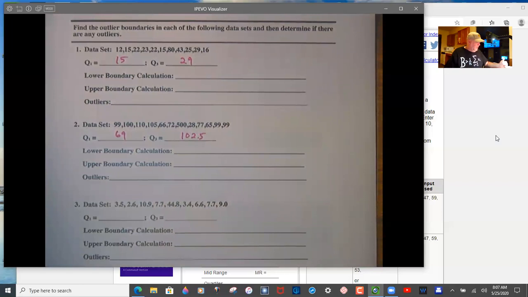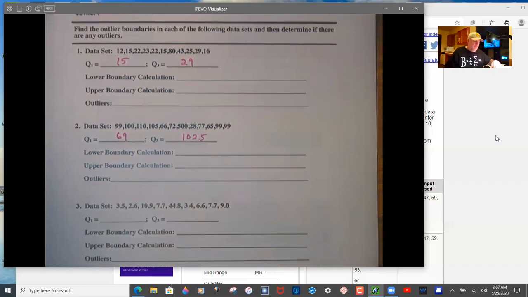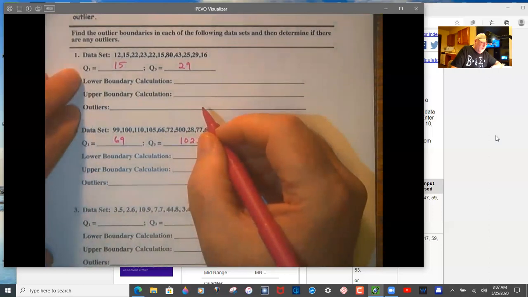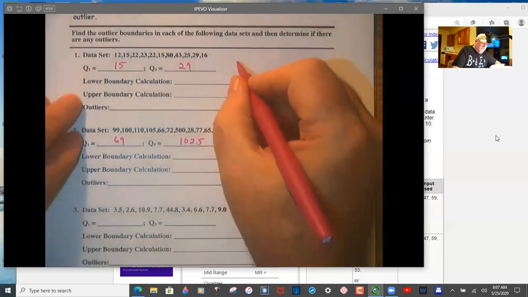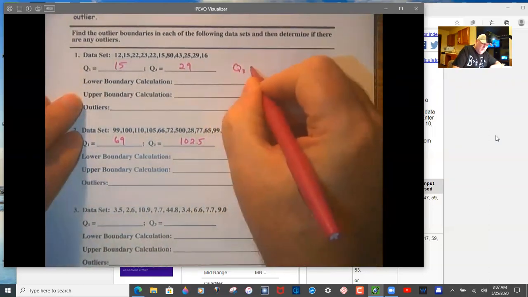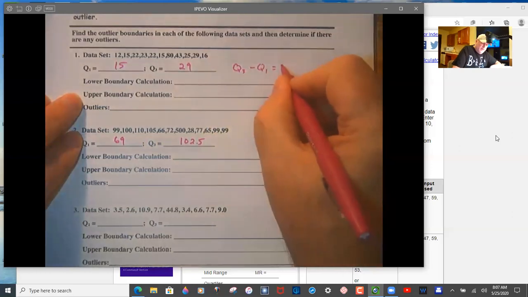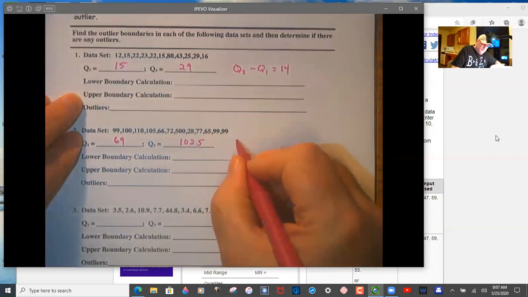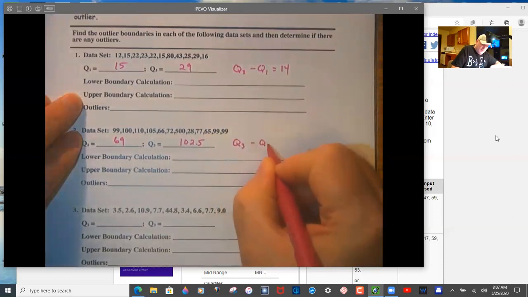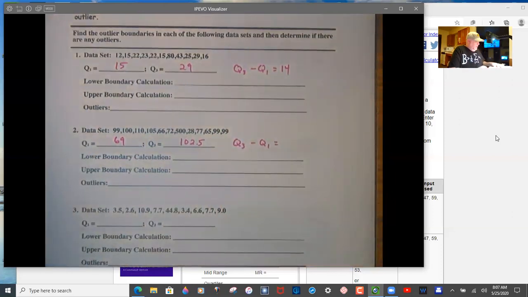Lower boundary calculation. You also need to do your interquartile range calculation, Q3 minus Q1, and I didn't put room for that in here. Let's see, 102.5 minus 69 is 33.5.